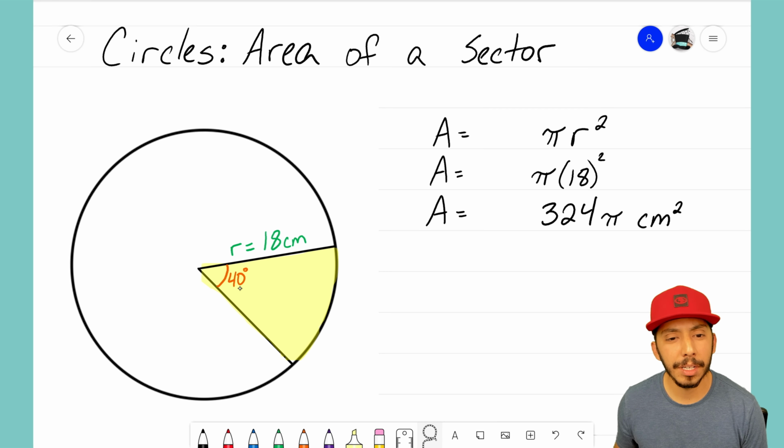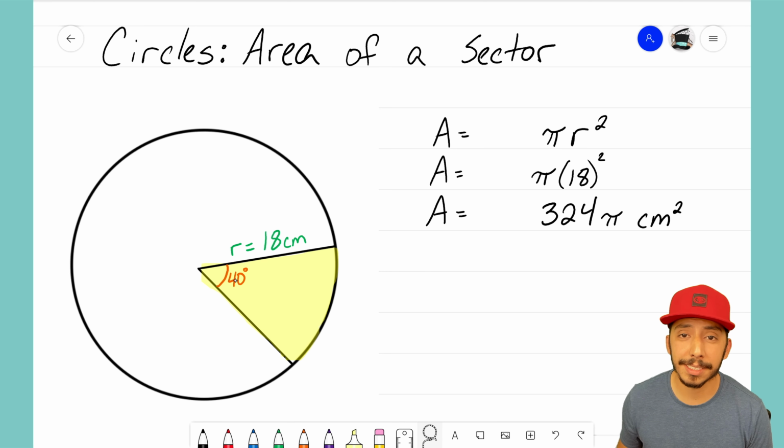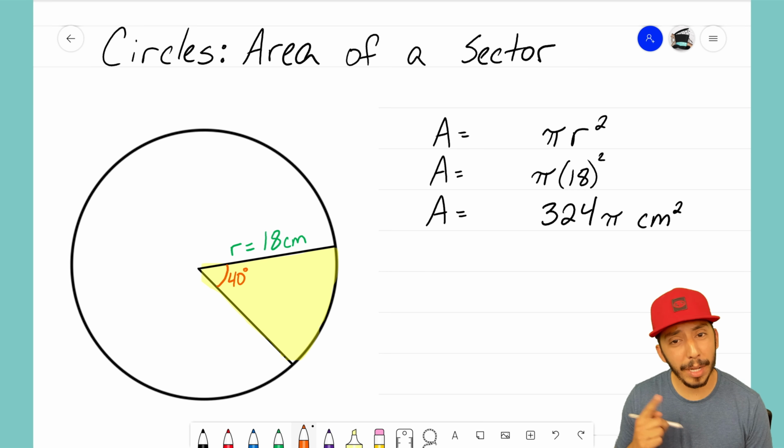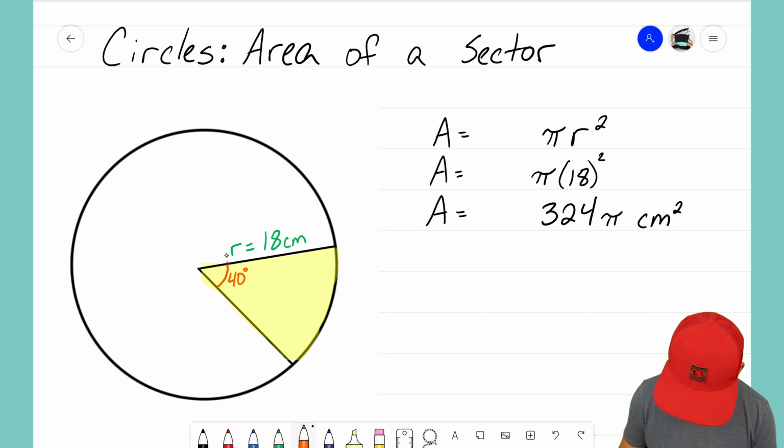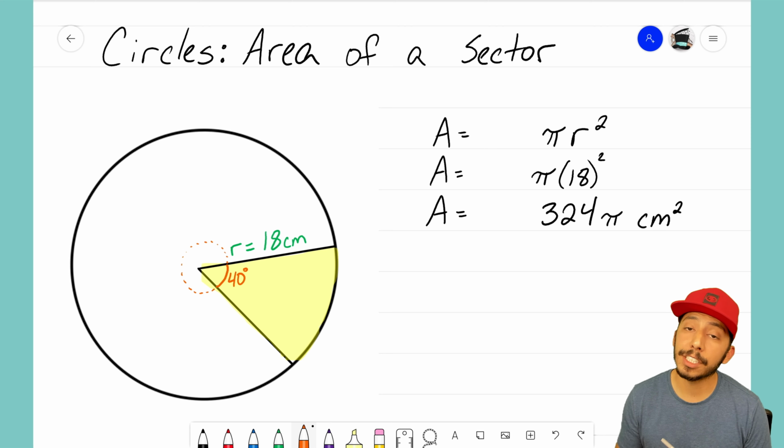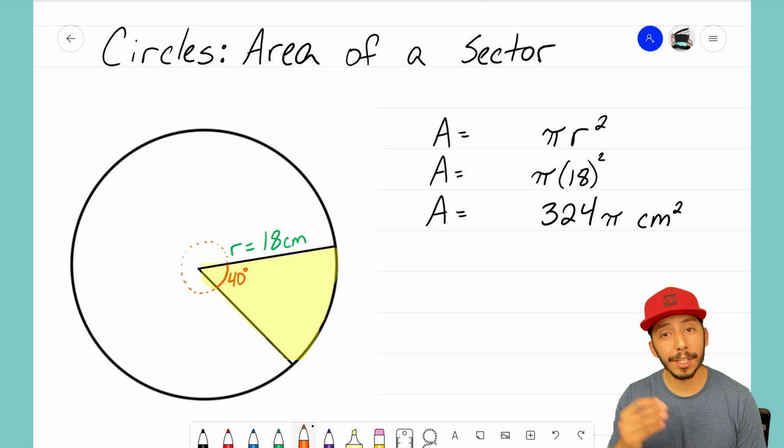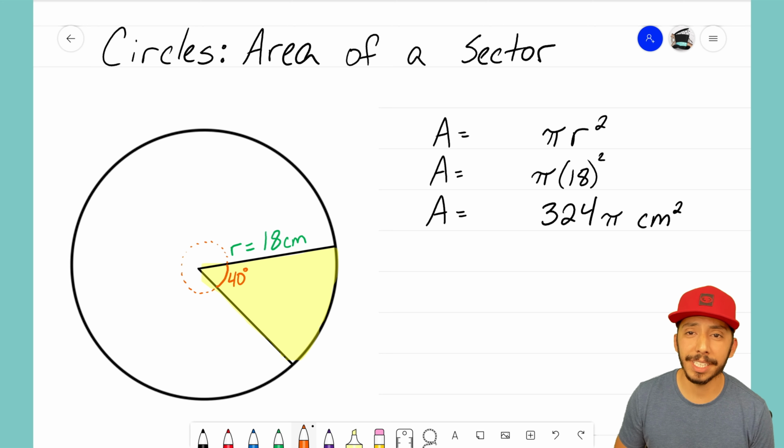Now let's look here. We see that the central angle of this sector is 40 degrees. Now, remember how central angles work. All of the central angles in the center of the circle are going to add to 360 degrees. So our sector is 40 degrees out of 360 degrees.